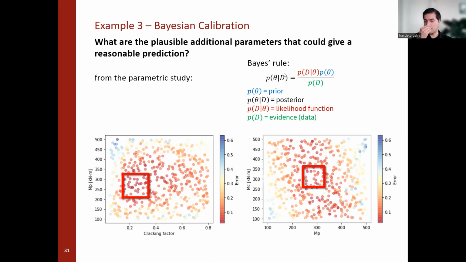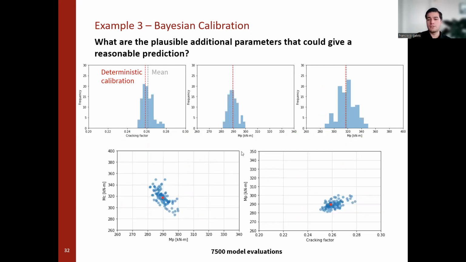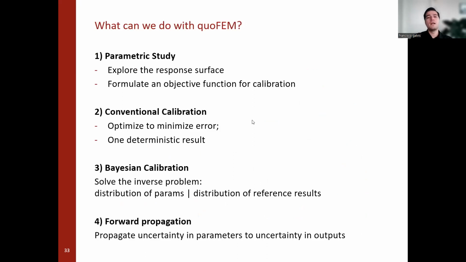That's usually an assumption from the Bayesian calibration algorithm we're using. And this is an example of the results. Again, that's multiple model evaluations, and that's why it takes significantly longer than the other two calibration methods.